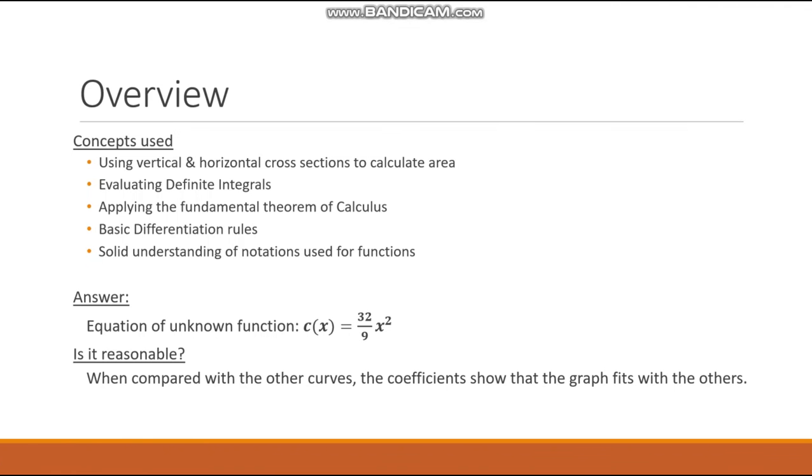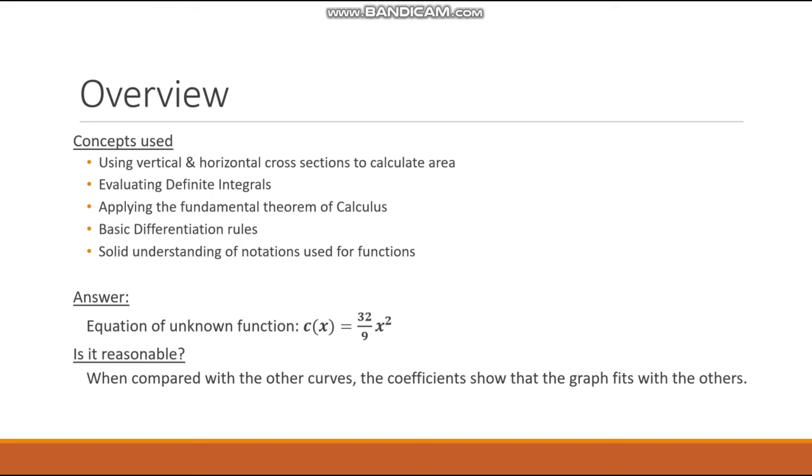To sum up this problem, some concepts that we needed to use in order to get our equation for C were using vertical and horizontal cross-sections to calculate the areas of A and B, evaluating definite integrals, applying the fundamental theorem of calculus, using some derivative rules, and having an understanding of the notation used for functions.